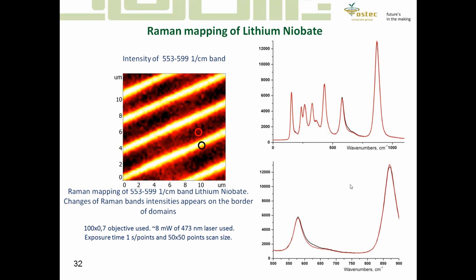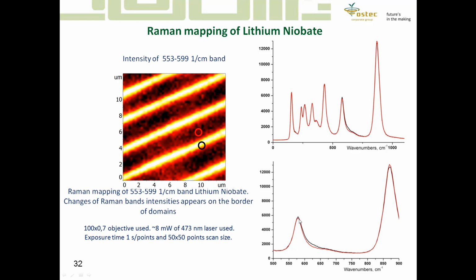Another piece of information is domain structures. For example, this is a ferroelectric material, lithium niobate, and Raman bands change slightly when you collect them in the center of the domain region and on the domain walls. So black color is domain walls, and on the bottom image there are two spectra, black and red, with a slightly small difference.